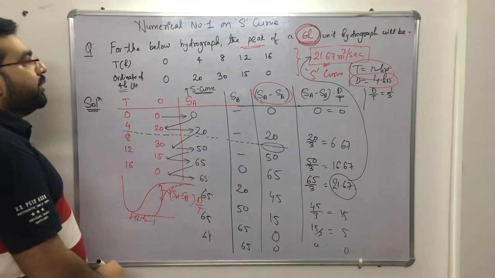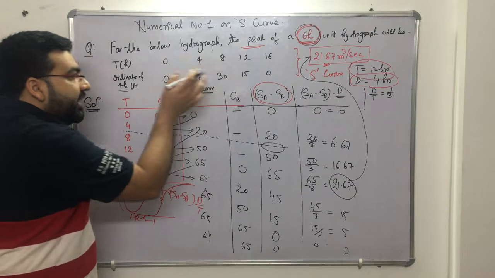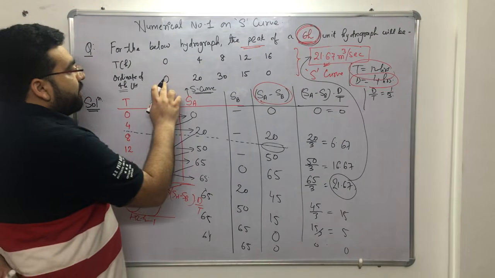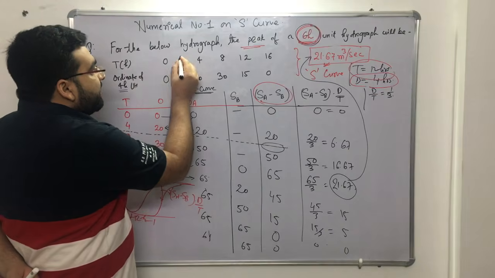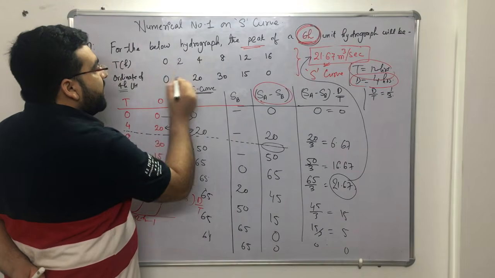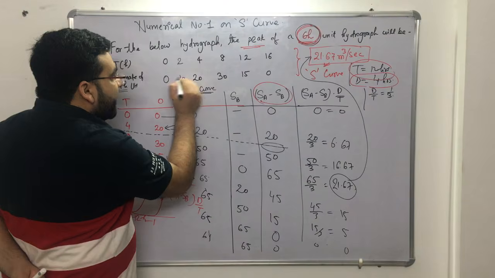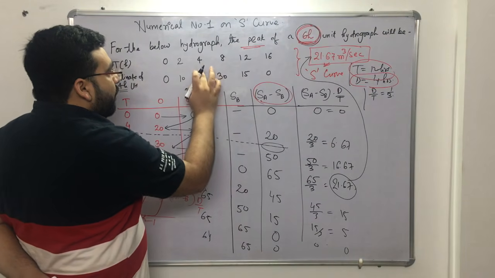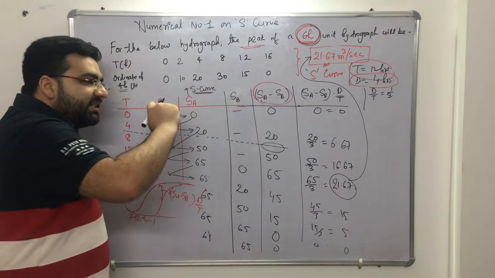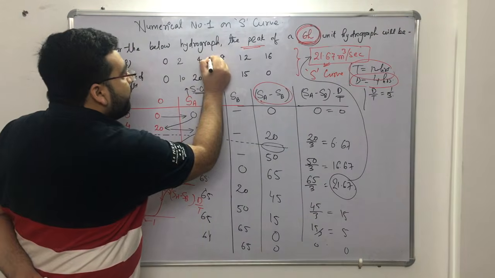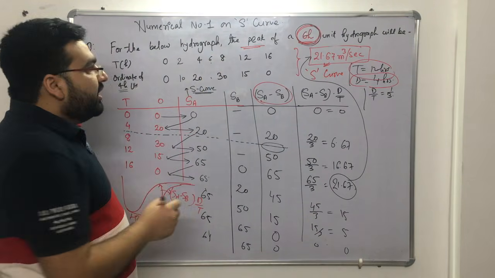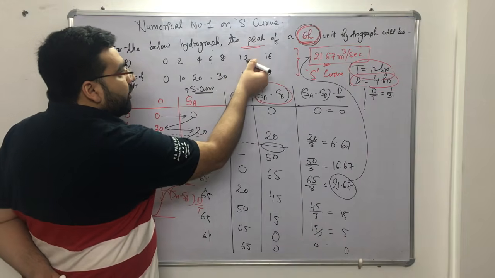At that time what we do is that we break this 4 into smaller parts. Let us say that from 0 to 4 the value is 20, right? Then I also take 2, and take the average of this, it is 10, right? It is 4 to 8. Now at 4 it is 20, at 8 it is 30. Then I will see how much is the incremental change, and for 6 also I calculate the value. Then for 8 it is 30, for 12 it is 15.